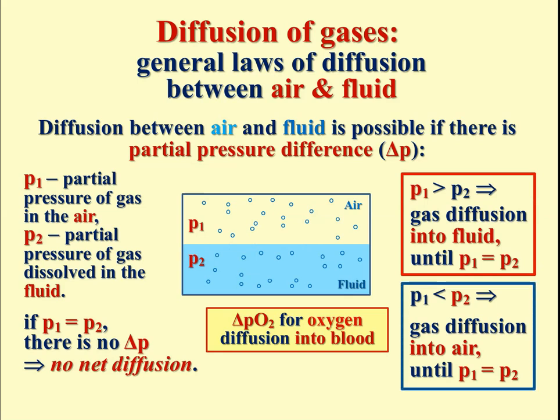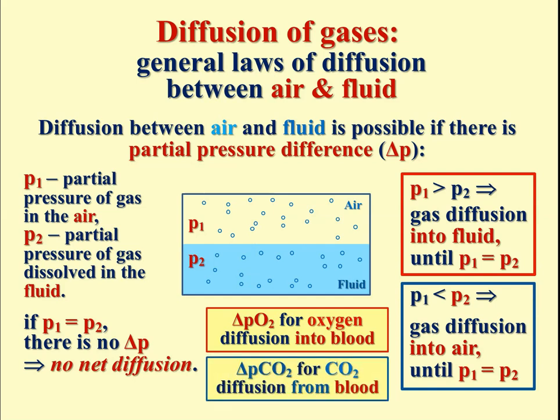While the second situation is characteristic for carbon dioxide. The difference of carbon dioxide pressures is directed from blood into alveolar air. So we can see that it's a normal process of diffusion that occurs according to all laws of physics.